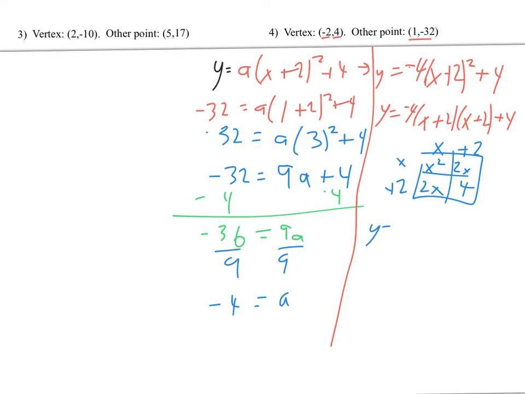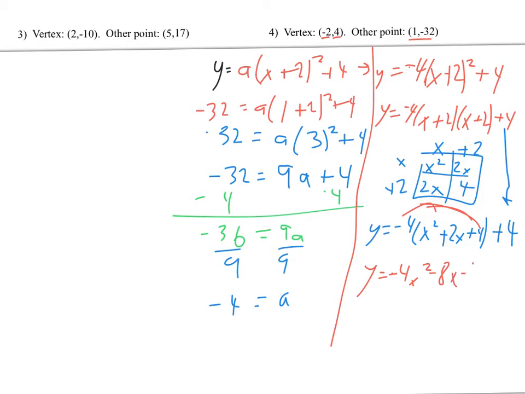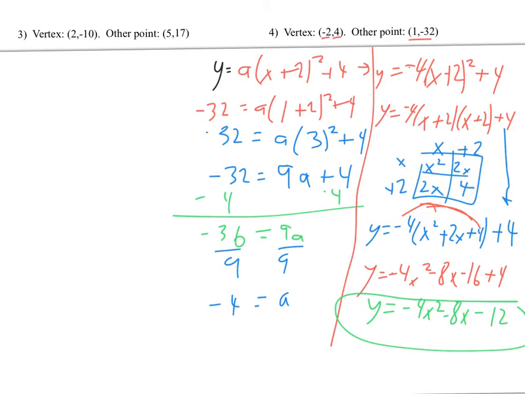So I'm going to leave this -4 out here and then fill out the contents of the box inside of parentheses and make sure I still have this plus 4 from out back. So now we're going to distribute this in here. So this becomes -4x squared minus 8x minus 16 plus 4. And lastly, we'll just combine like terms here, so we get a -12 out back.